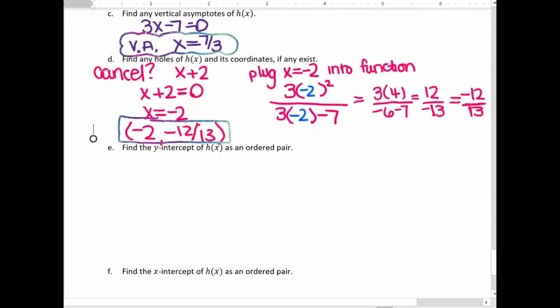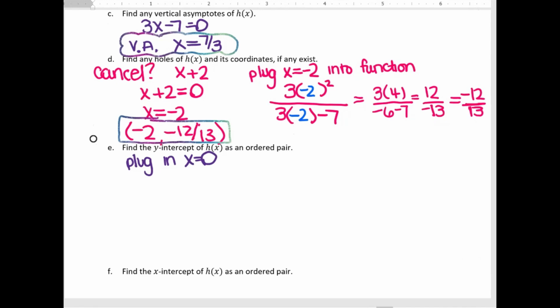Okay, next we're asked to find the y-intercept of h of x as an ordered pair. So for a y-intercept, remember that we need to plug in x equal to 0. We're going to plug that into our simplified function.